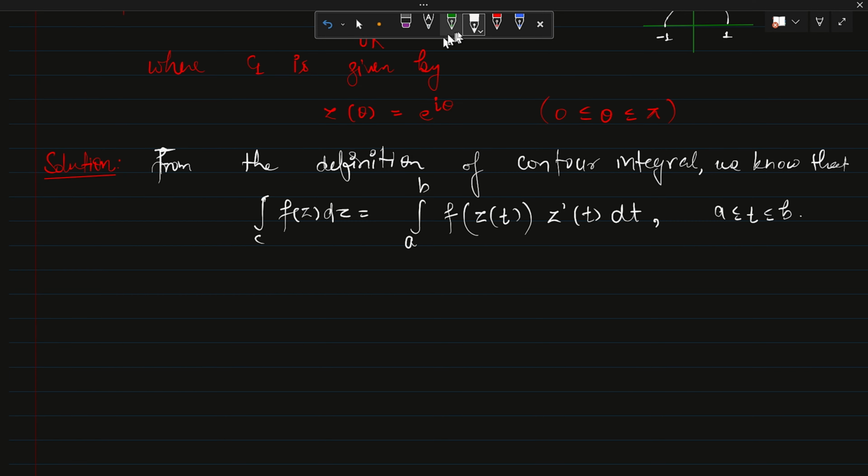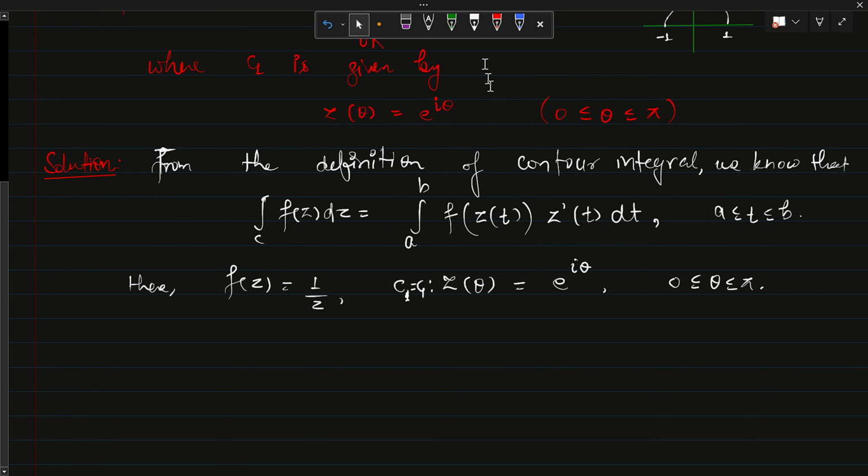If we use this definition, here we have f(z) equal to 1 by z and the contour C, that is z of theta. Let contour C equal C1, given by z(theta) equals e to the power iota theta, where theta varies from 0 to pi. So this is the scenario.